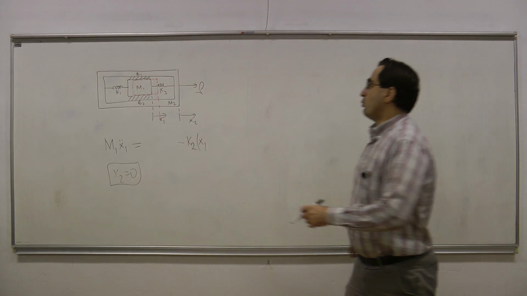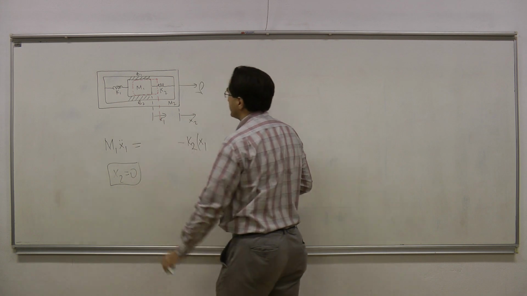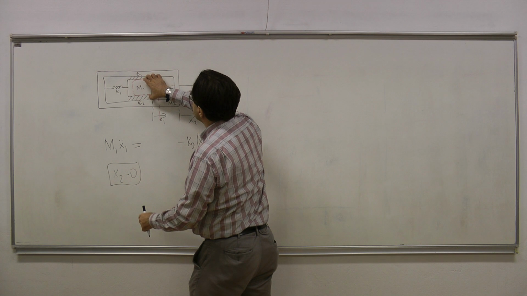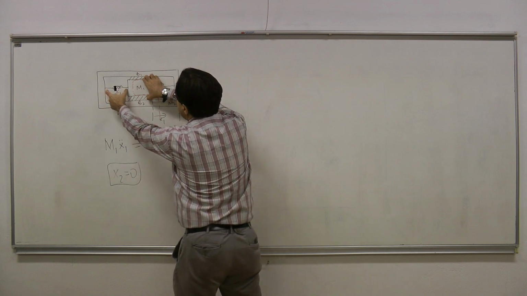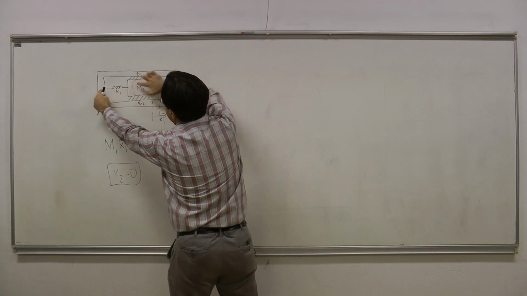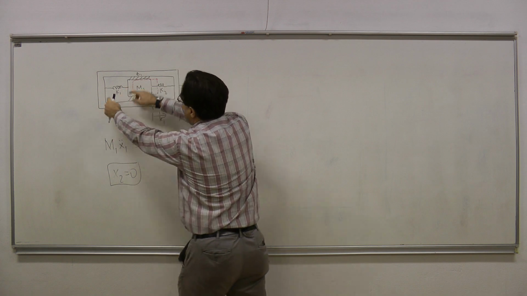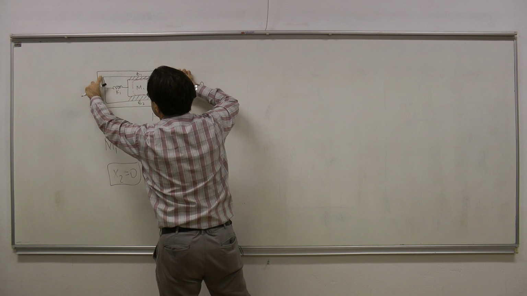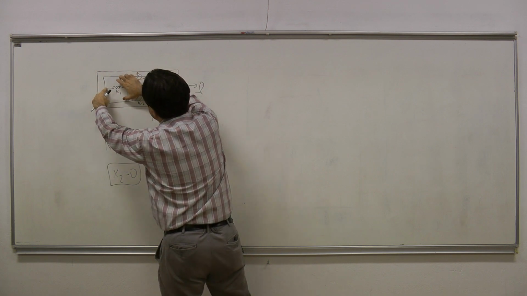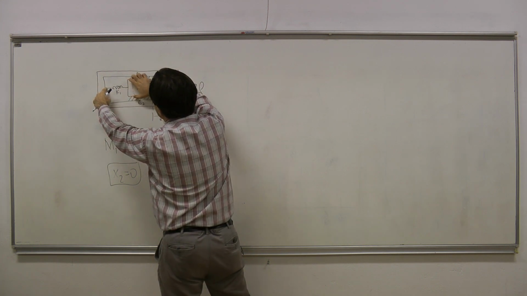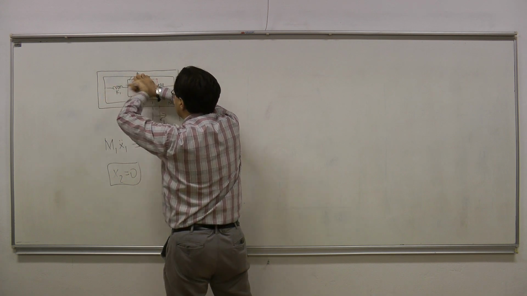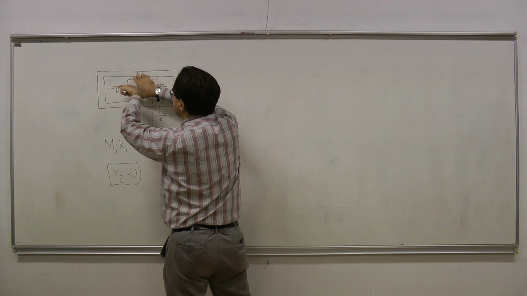What about the first spring? When I pull the mass from here to here, this first spring is expanded, it's enlarged. Since m2 is fixed, when I pull the mass to the right, this spring is expanded and it again pulls the mass back towards the left.